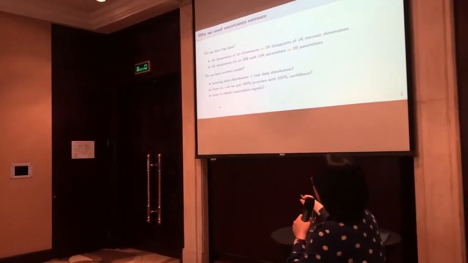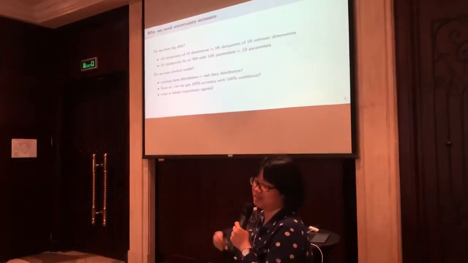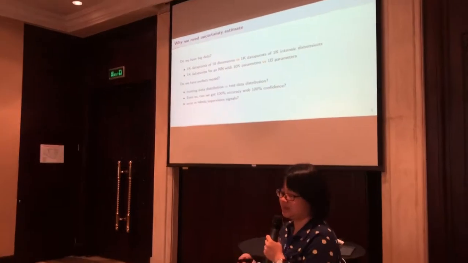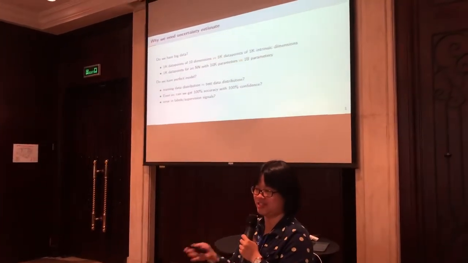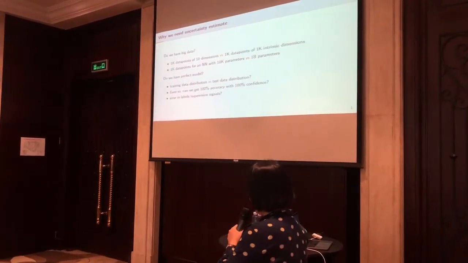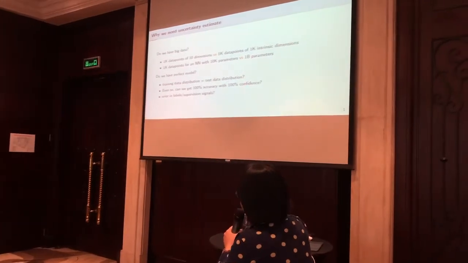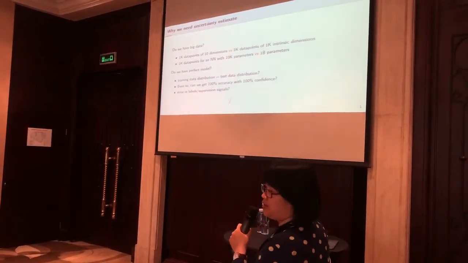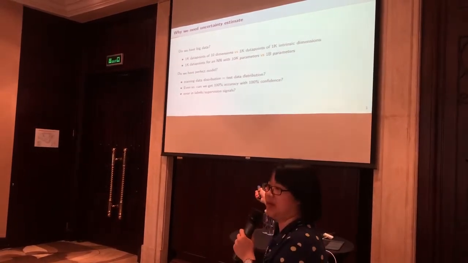In this case, your system also needs to tell how confident it is in predicting that this person has disease A or disease B and so on. Okay, so these are just a few examples that tell you that you really need uncertainty estimates when any of these things is relevant in your application.